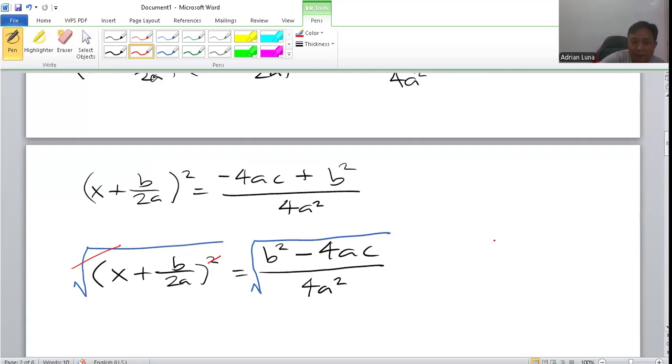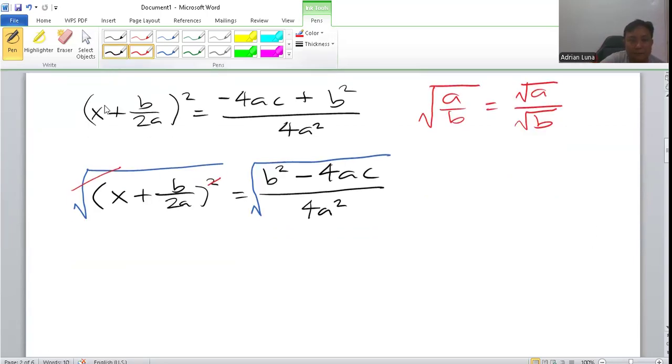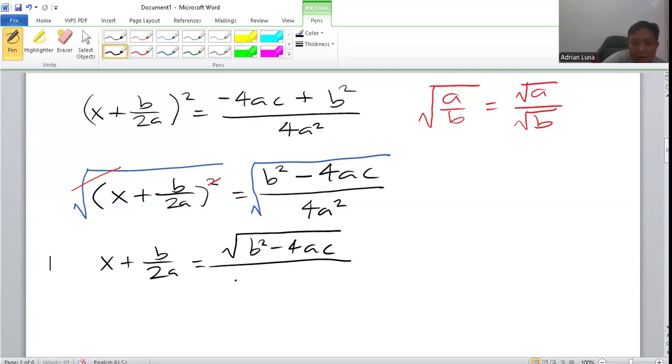And yung right-hand side of the equal sign, sa radical, yung numerator over denominator is equals lang siya sa square root of the numerator all over square root of the denominator. That's why, simplify na natin or rewrite natin, x plus b over 2a is equals to square root ng numerator all over square root ng denominator.